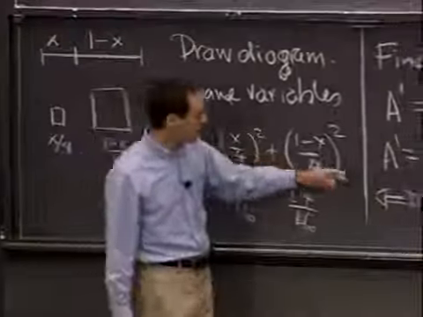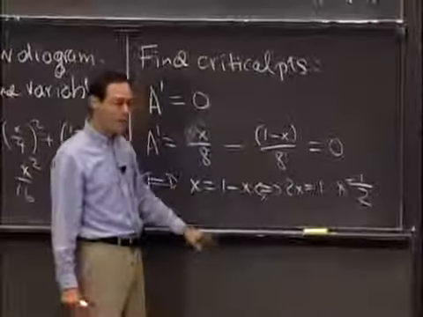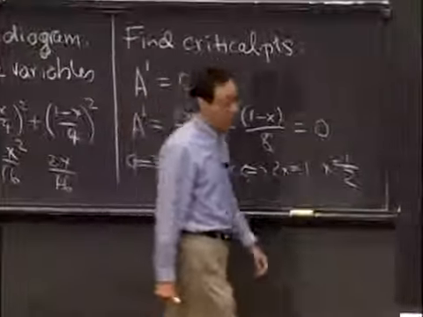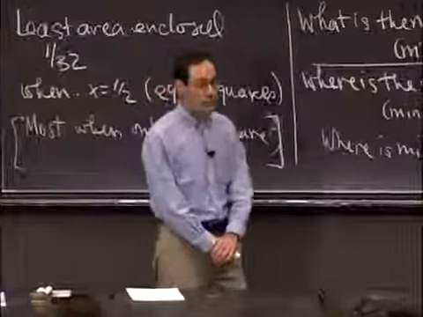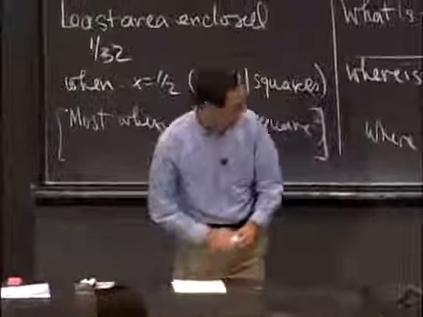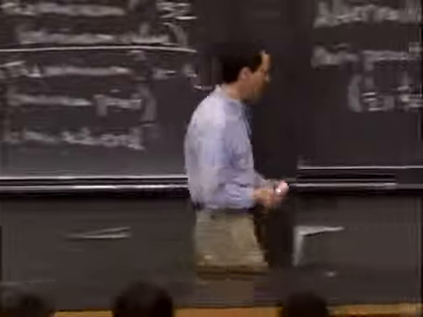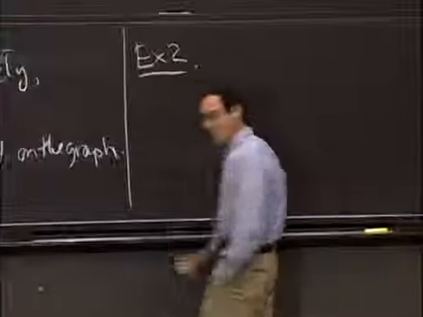So you can differentiate this twice. If you do, you'll get 1/8 plus another 1/8, and you'll get 1/4. So the second derivative is 1/4, and that's an acceptable way of figuring it out. I'll mention the second derivative test again in this second example. So let me talk about a second example.